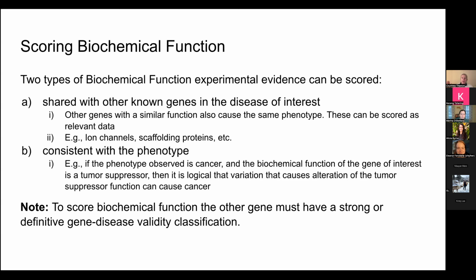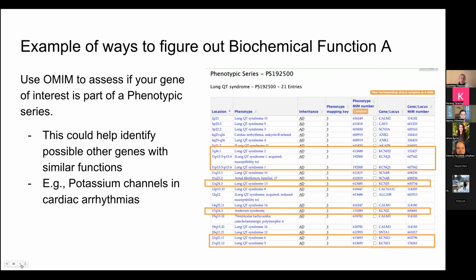So again, making sure that for either one of these, the function of the other gene must be that definitive gene disease classification, and that's mostly in A, right? B is really talking about what is the function of that gene and its protein product in relation to the mechanism of that phenotype.